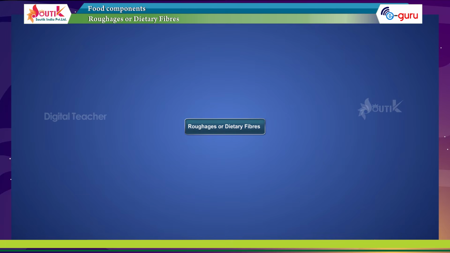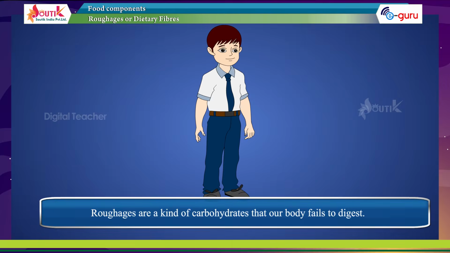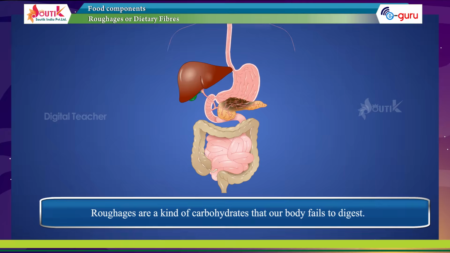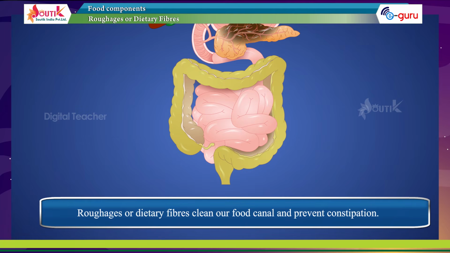Roughages or dietary fibers. Roughages are a kind of carbohydrates that our body fails to digest. Roughages or dietary fibers clean our food canal and prevent constipation.